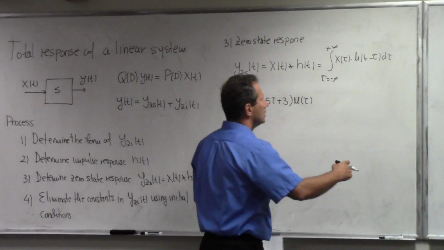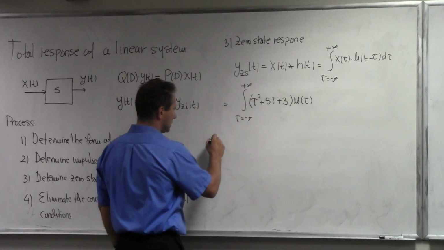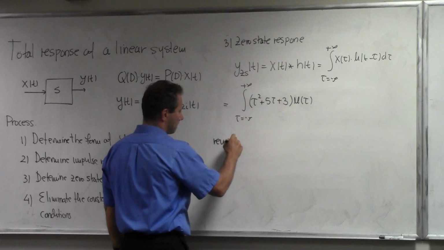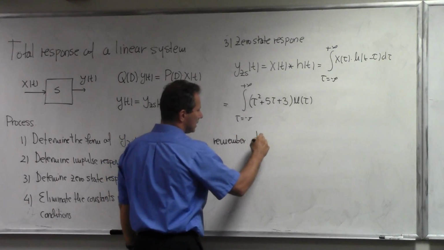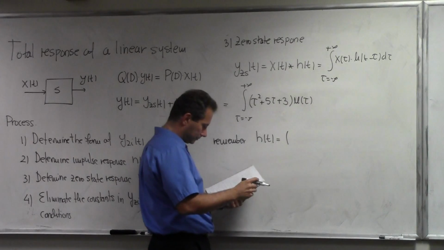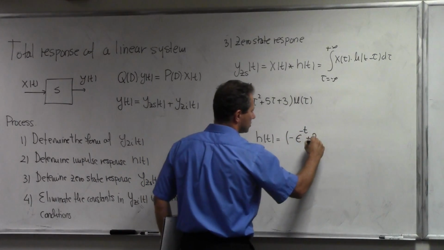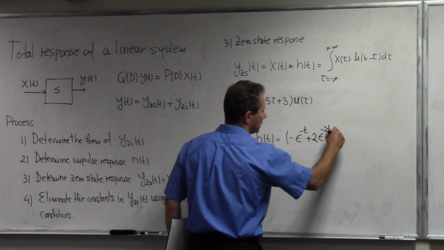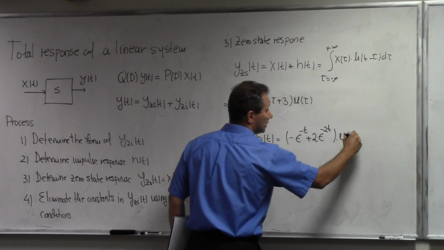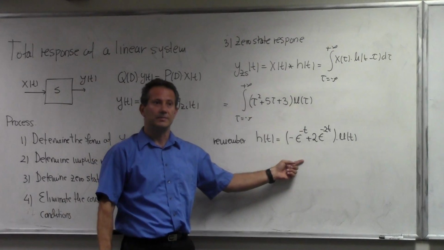Now h of t, I erased it, but remember, h of t has a similar thing there. It was given as minus e to the minus t plus 2 e to the minus 2t times u of t. This is also a function of time that exists only for positive t.